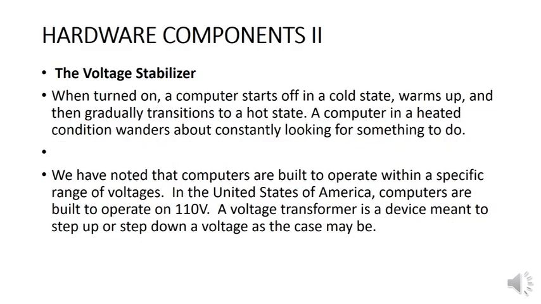So these are things. The voltage stabilizer, I have explained the purpose of. When turned on, a computer starts off in a cold state, warm, and then gradually transitions to hot. We have noted that computers are built to operate within a specific range of voltage. In the United States, I told you it's 110 volts, and in Nigeria here we use 220.